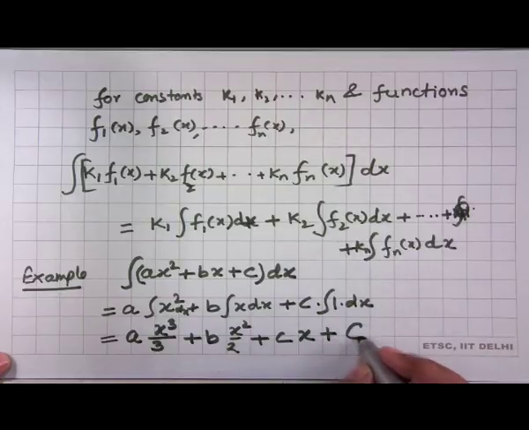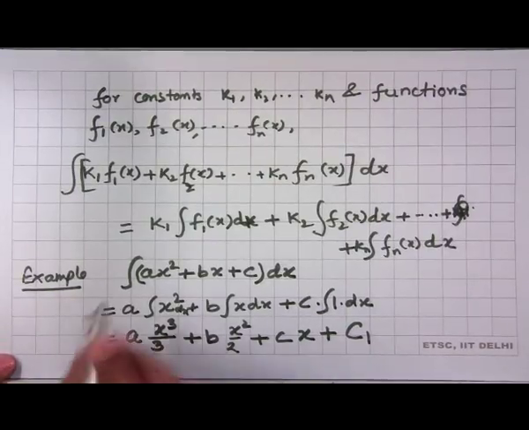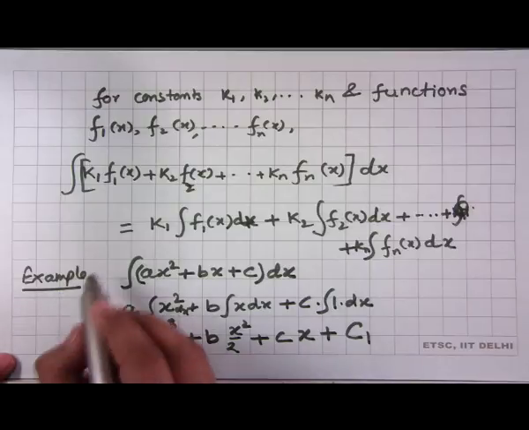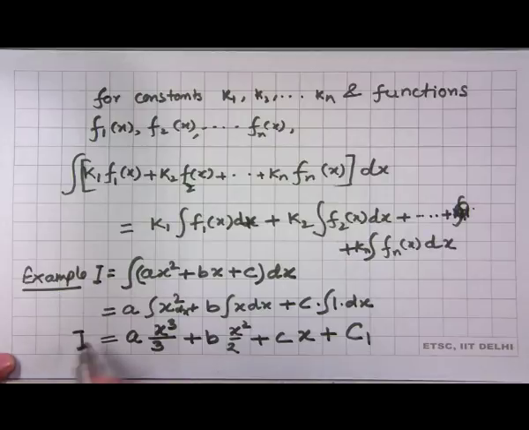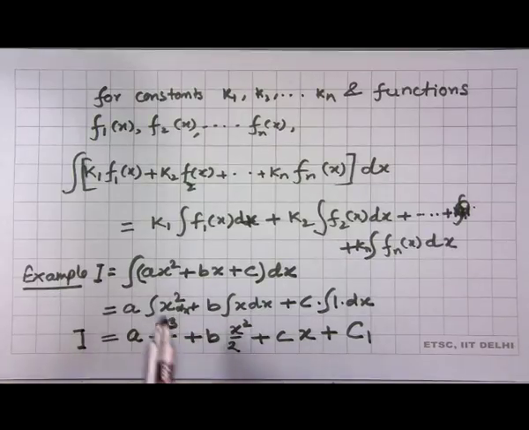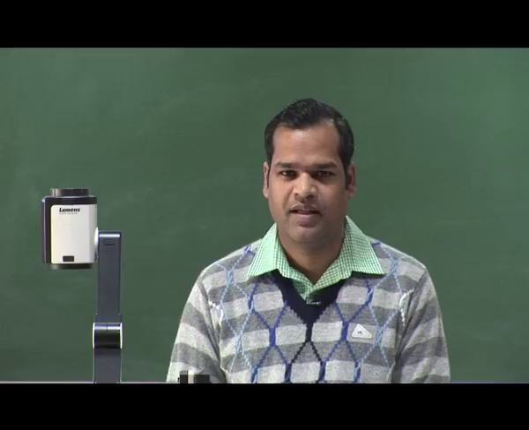We will call it c 1 because this c is already appearing here, so it should not confuse us. So, the integral of this linear combination turns out to be this function, which could easily be evaluated by breaking the integral into 3 separate integrals and evaluating them. This technique will help us further in solving certain complicated problems.